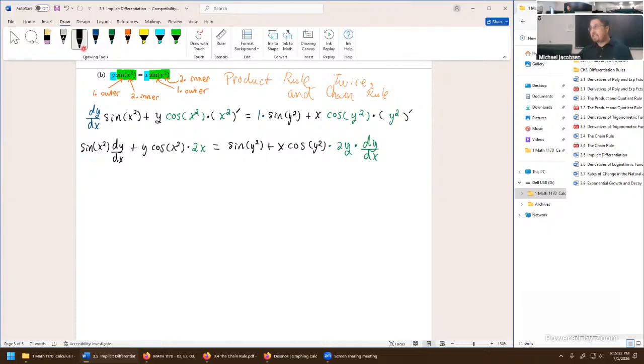And just to format it slightly more cleanly, let me take this additional step. We're now looking at sine x squared, dy/dx. Let's reformat this term as plus 2xy cosine x squared equals sine y squared plus, let's reformat this entire term as plus 2xy cosine y squared dy/dx.